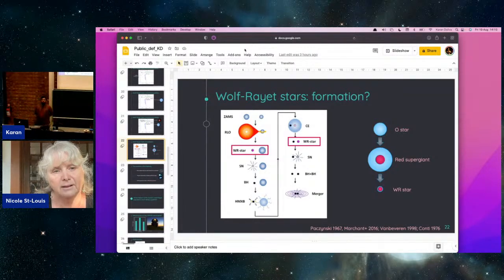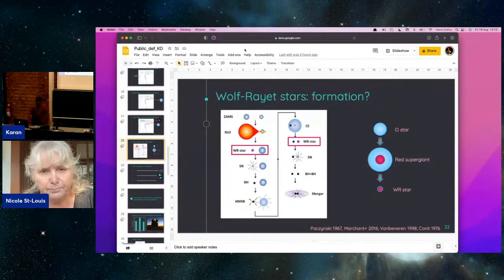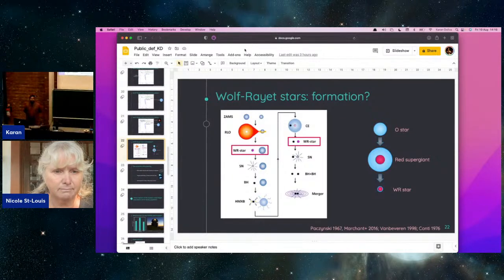Yeah. Okay. So when the winds of two massive stars interact and collide, there are a lot of physical processes, such as wind-wind collisions, that take place, and that can definitely affect my observations.